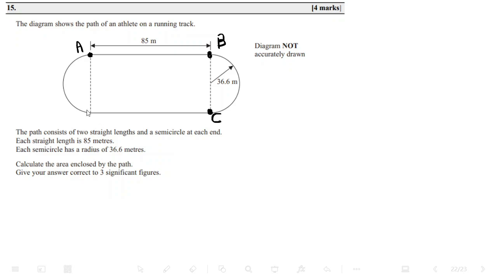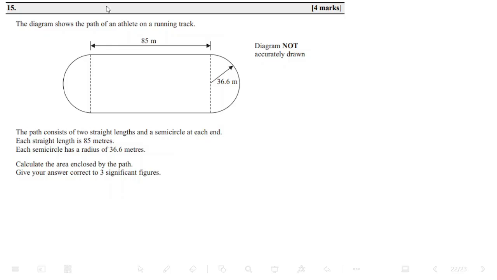We will mark as C, and we will mark it as F, right? Yes. Okay. This is question number 15.